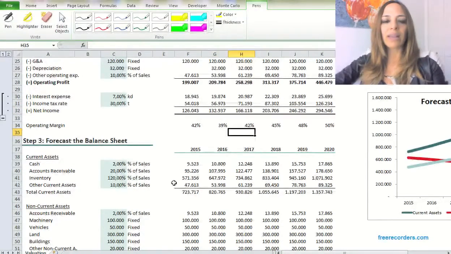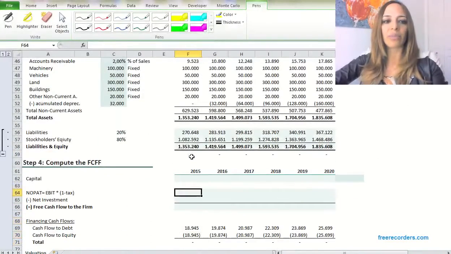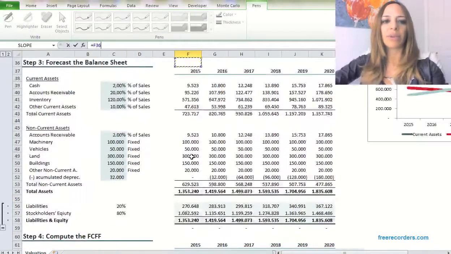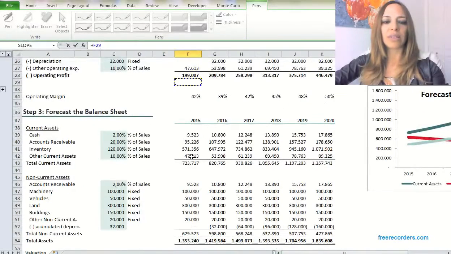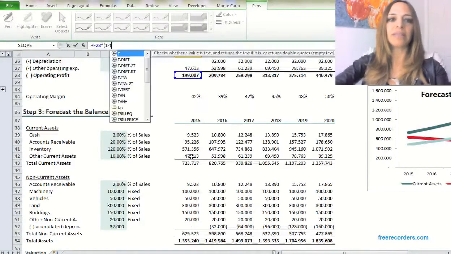And okay, I will hide this for a moment. We don't need this. And I will calculate NOPAT, net operating profit less taxes. Then this will be the operating profit, which is what we have on line 28, times 1 minus the tax rate.